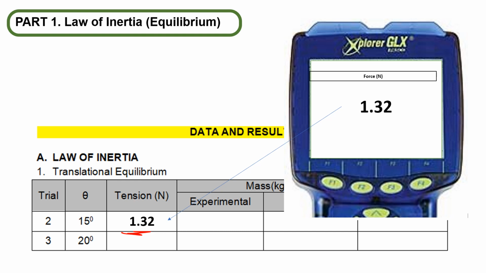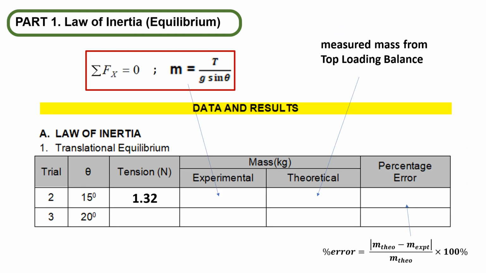Again, we need to compare the mass of the cart, experimental and theoretical. For the experimental value, we're going to use the formula tension divided by g sine theta. For the theoretical value, we need to measure the mass of the cart using a top loading balance.